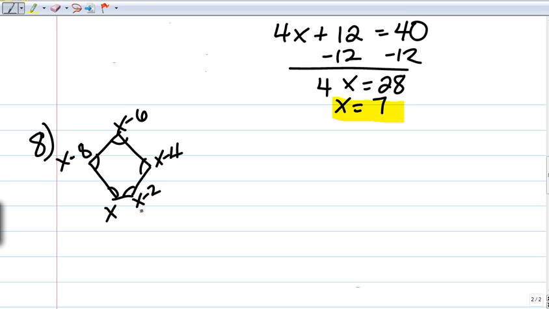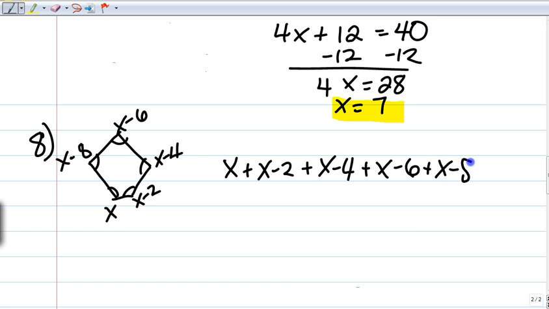And it gives you a hint. It says the sum of the measures of the angles of the pentagon is 540. So we can add all these together. And it equals 540. So you have 1, 2, 3, 4, 5 x's.